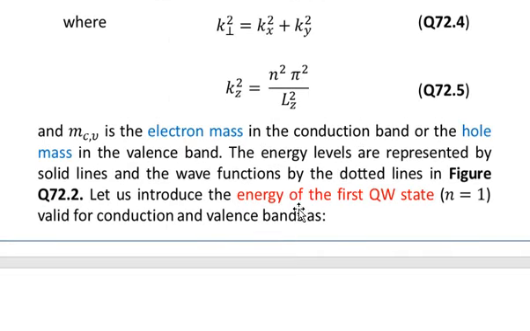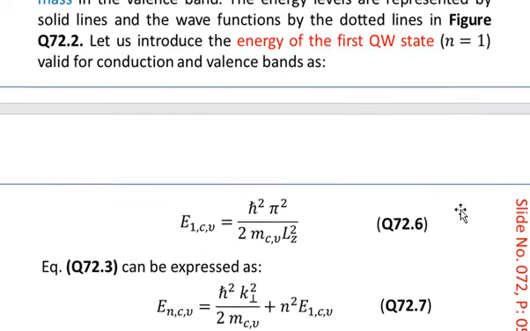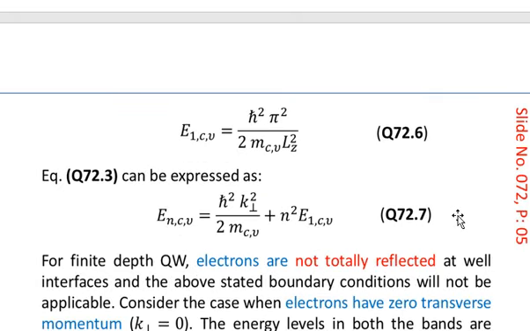Let us introduce the energy of the first quantum state corresponding to n equal to 1, valid for conduction and for the valence bands as well. So let's write the energy of the quantum well state for n equal to 1. Putting n equal to 1 over here, we have E1, because we are using 1 to stand for n equal to 1.